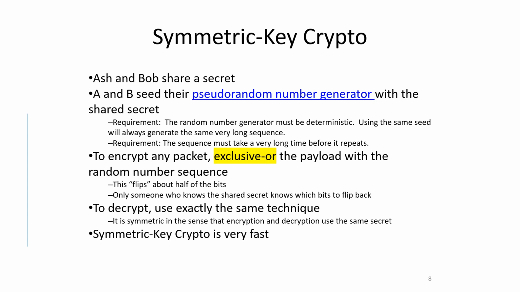A pseudo RNG has to have the additional requirement that if you start with the same seed, you'll end up with exactly the same very, very long sequence with no repetitions within that billions of characters, no big chunks of repetition, and that the numbers that come out will be indistinguishable from completely random numbers. Just garbage.